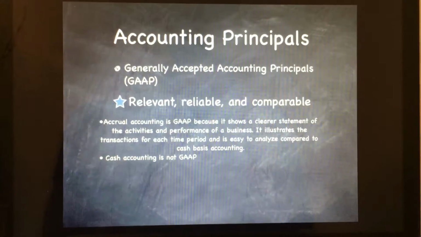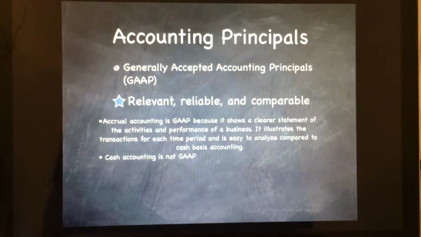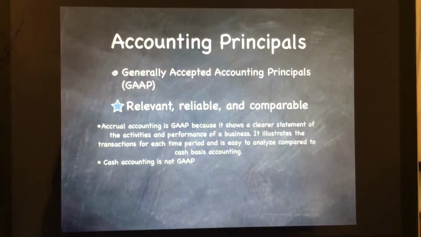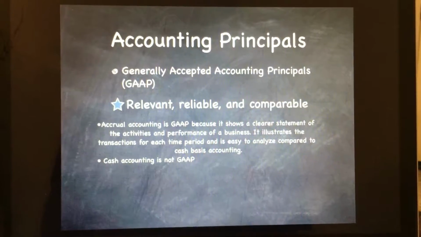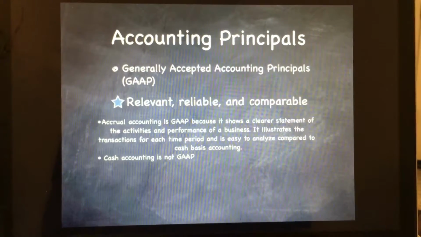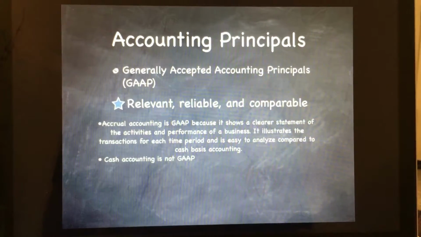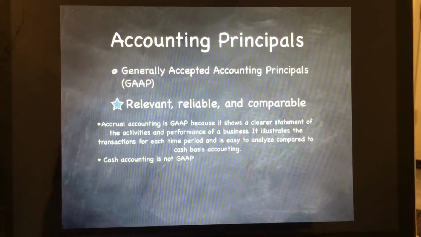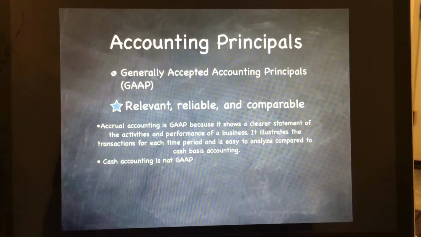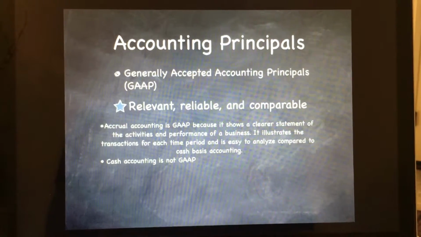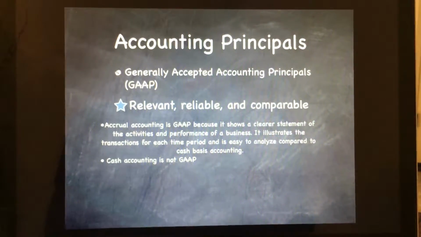It illustrates the transactions for each time period and is easy to analyze compared to cash basis accounting. So it shows that the finances are reliable, and it is easy to compare each statement back and forth because it's illustrated in a neat and easy way.